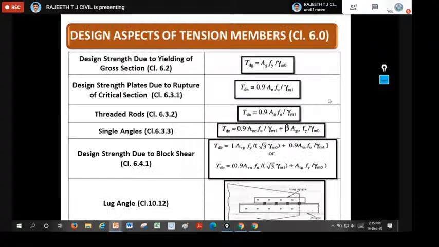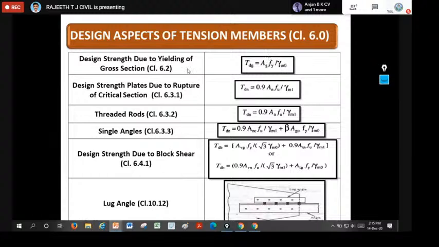Now we will move on to the design aspects of tension members. Normally in a truss or in a building, the members which are subjected to two equal and opposite forces, that member is subjected to tension. Where tensile forces are applied, we can calculate the various strengths of the tension member or the tensile joint.